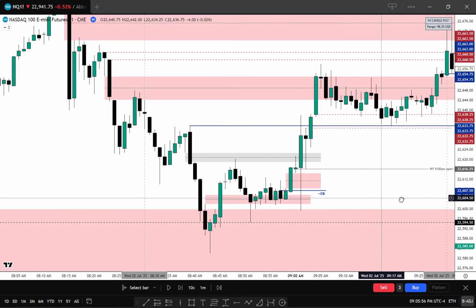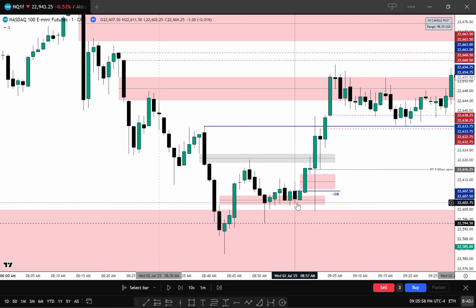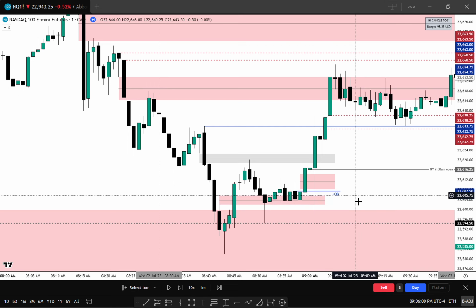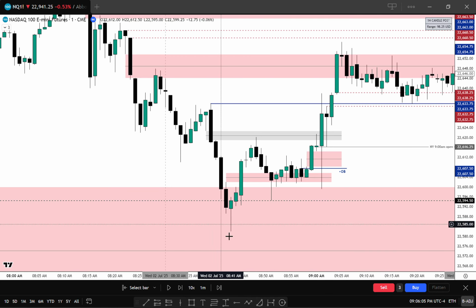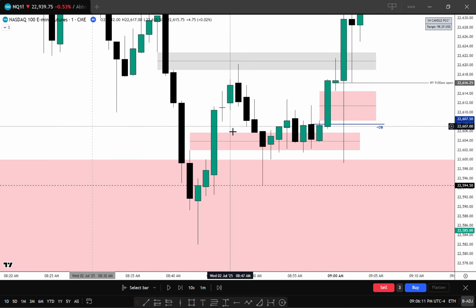Okay. Yeah, I don't know what you're talking about, Scar. Like this manipulation. Third bullish candle, this one here, this large one.